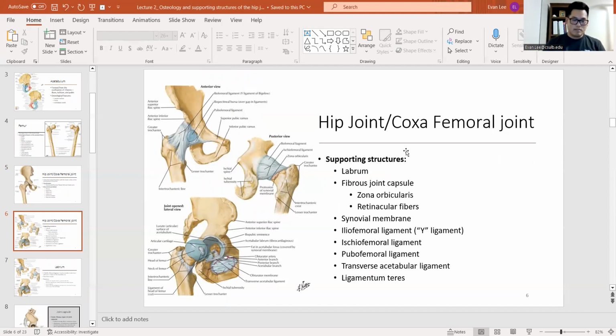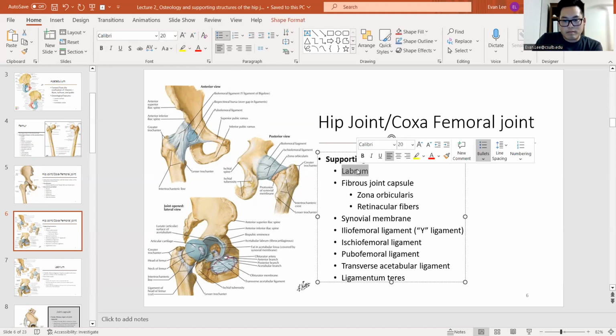Now, in addition to the bones themselves, there's also a lot of supportive tissues as well. So first of all, this is a synovial joint. So as usual, there's a joint capsule, there's a synovial membrane, but there's also a lot of connective tissues, which we'll go over. So you can see a lot of them here.